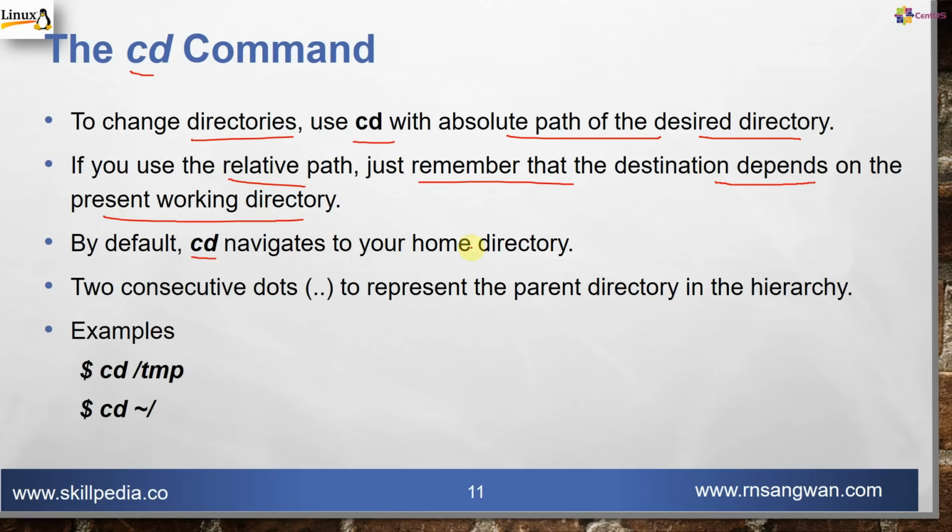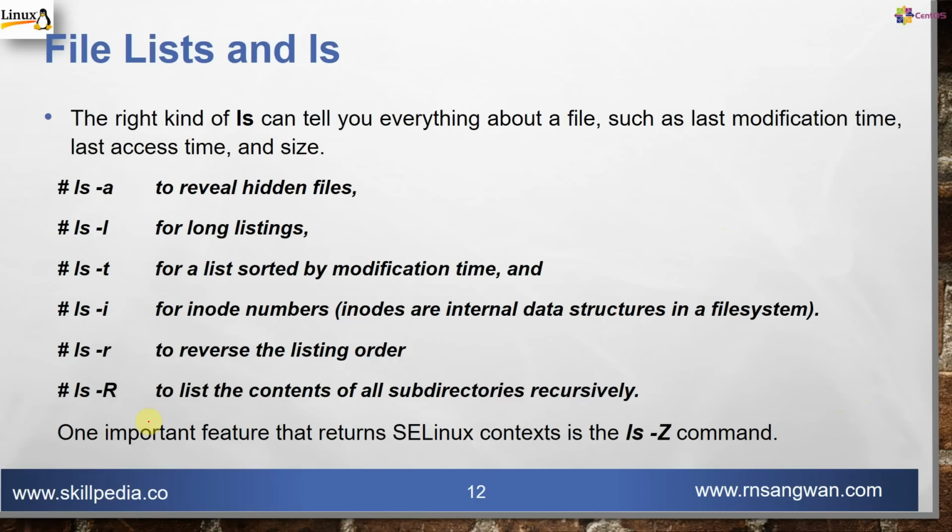By default, cd navigates to your home directory, meaning cd tilde or simply cd, there is no difference between the two. Two consecutive dots represent your parent directory. For example, if you use cd /tmp, it will take you to the tmp directory. Then cd tilde will take you to your home directory.